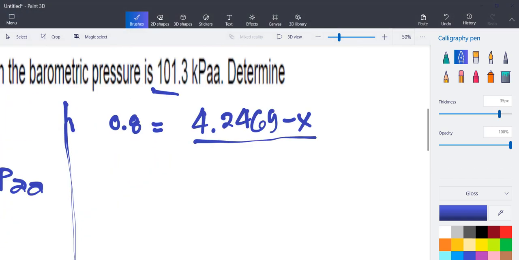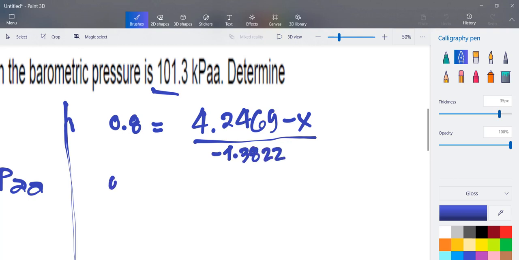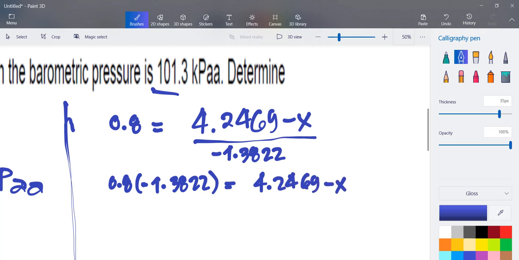Ang ilan yan? So it will be a negative 1.3822, no? So it will be 0.8 multiplied by negative 1.3822 is equal now to 4.2469 minus the x.